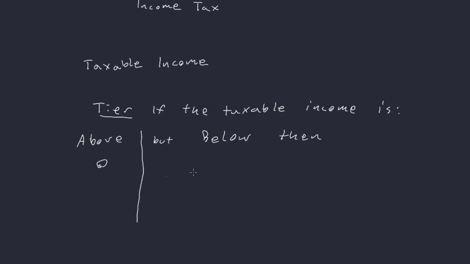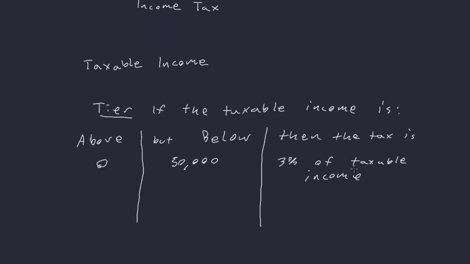If the taxable income is above 0, but let's say below $50,000, then the tax is, maybe it's like 3% of the income. Okay, so this would be the first tier. If you make anywhere from 0 to say $50,000, that's probably way high for a first tier, but this is just for an example's sake. But from 0 to $50,000, this person would pay 3% of their taxable income as taxes.